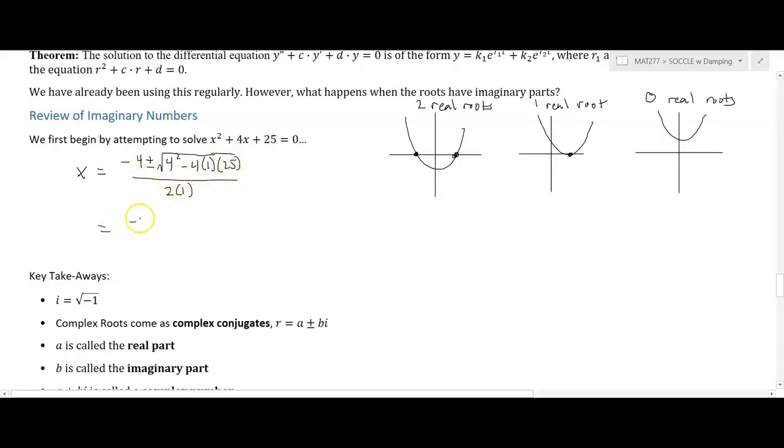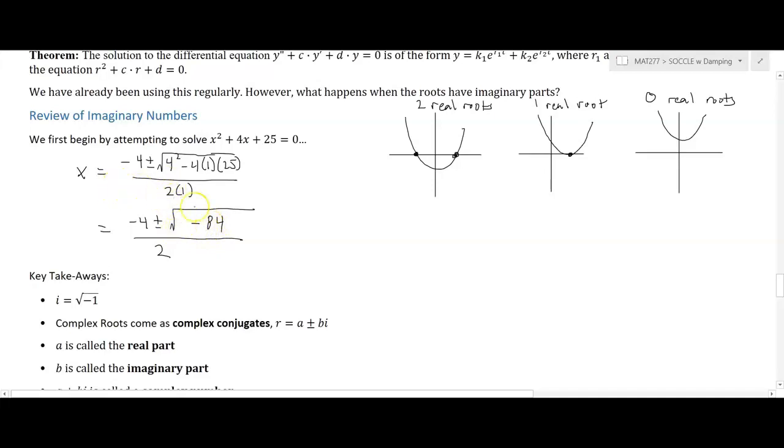And that gives us negative 4 plus or minus the square root of... I think that comes out to negative 100. Negative 100 plus 16 is negative 84. Okay, and that's all over 2 times a. Now, you see that we have a square root of a negative.